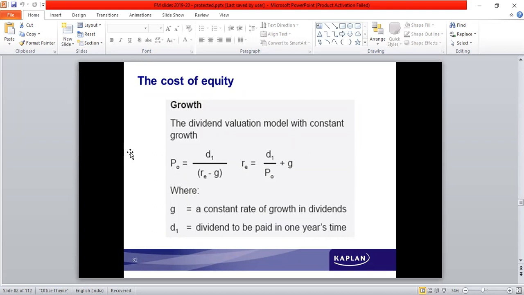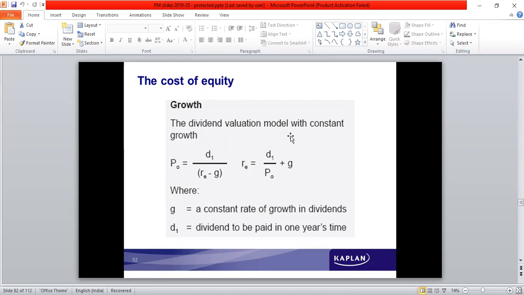How do we get D1? D1 will be the last year's dividend into 1 plus growth, which gives us D1 divided by P0 plus g. So it's on the screen. The cost of equity is equal to D1 by P0 plus g.